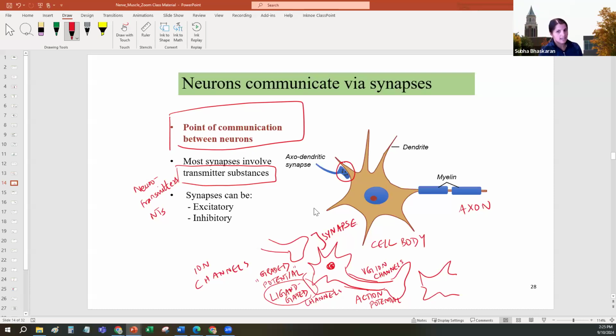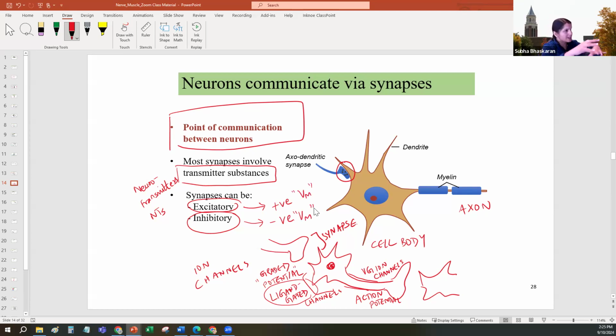The stimulus can be excitatory or inhibitory, correct? If it's excitatory, it is going to bring in positive charges. If it is inhibitory, it's going to bring in negative charges, or make the cell close to negative. Got it?